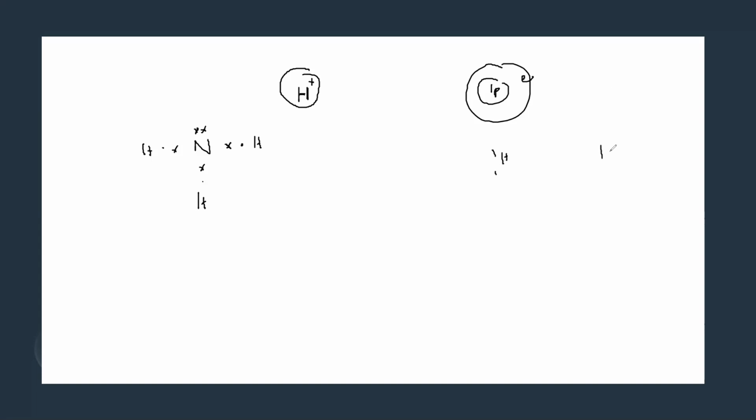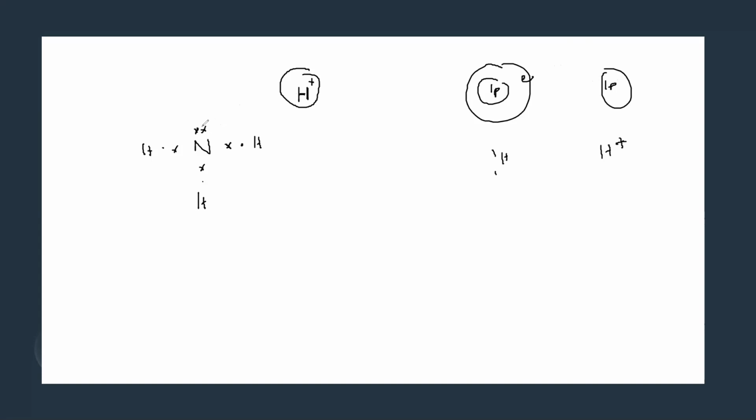But when we say H plus ion, it means only a proton, with no electron, because the electron has been lost. So this proton experiences attraction from this lone pair, this electron pair.